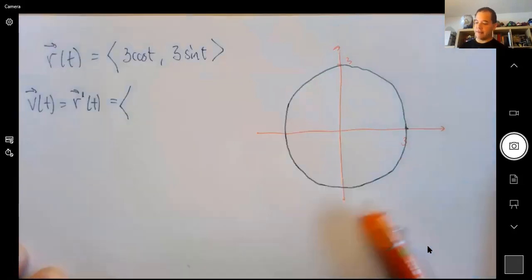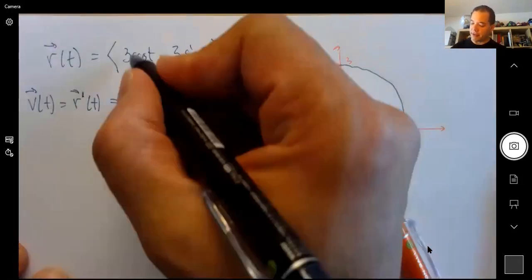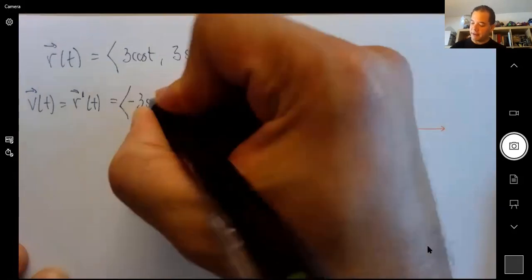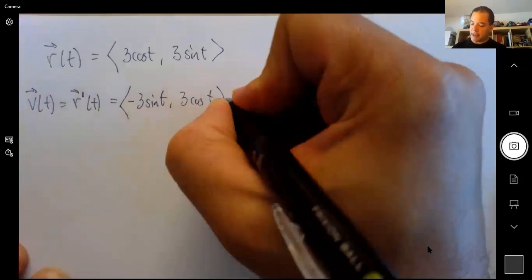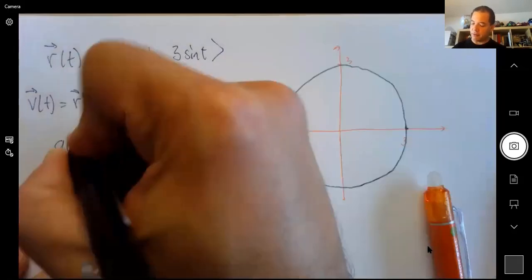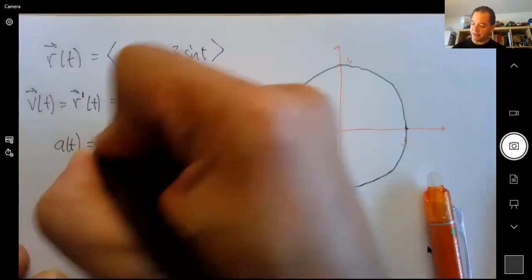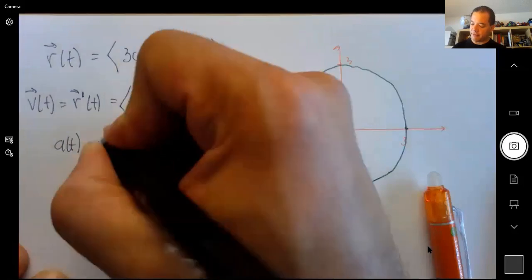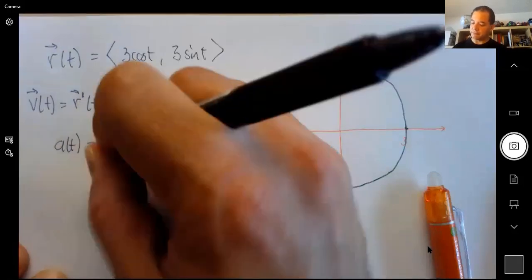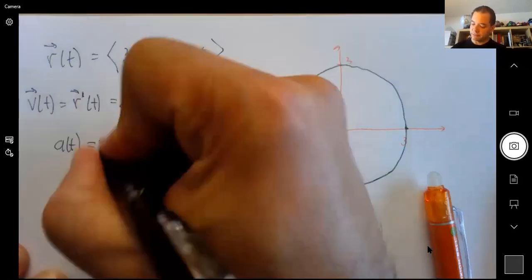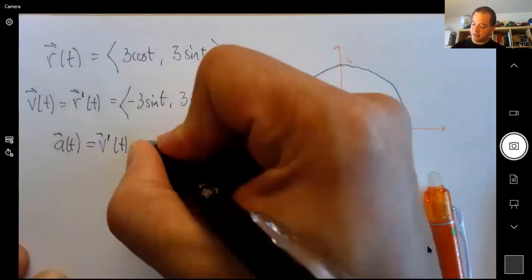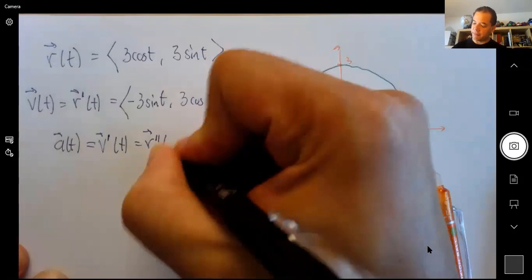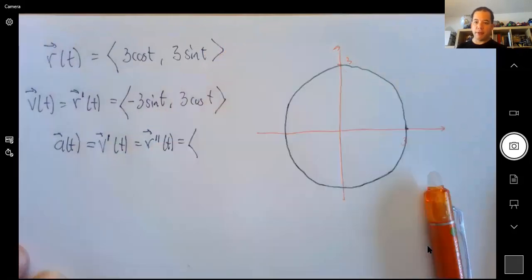And this is kind of easy, right? The derivative of cosine is negative sine. The derivative of sine is cosine. And the acceleration, if we wanted to, that's the second derivative. So that's the derivative of the velocity, which happens to be the second derivative of the position, the original vector function.